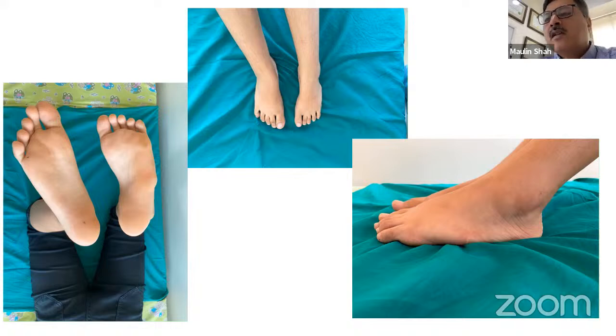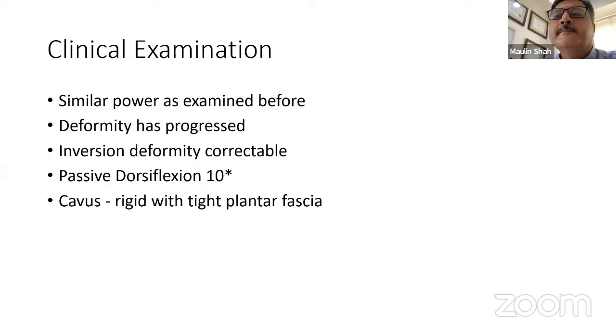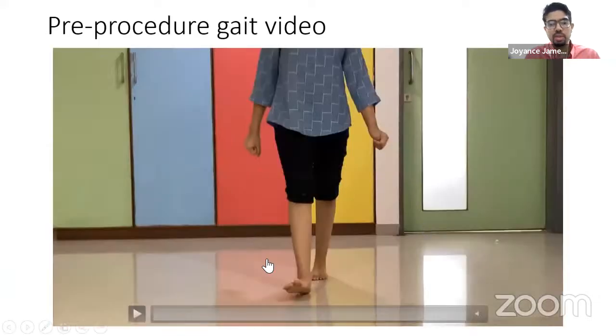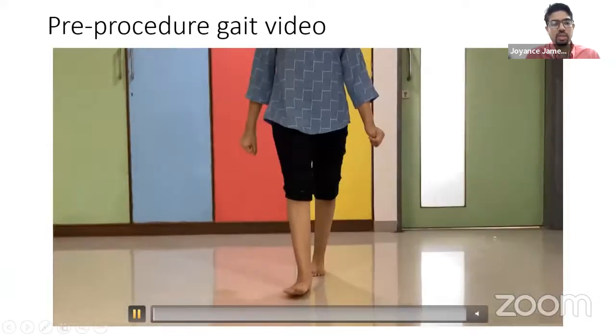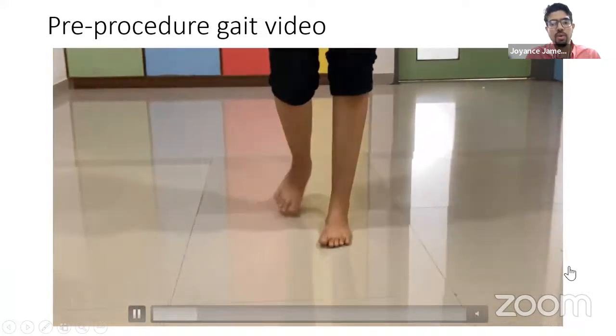So this is how she is now, sir. So she had an inversion deformity, which was correctable with a passive dorsiflexion of 10 degrees, a rigid cavus with a tight plantar fascia. It's a gait video.